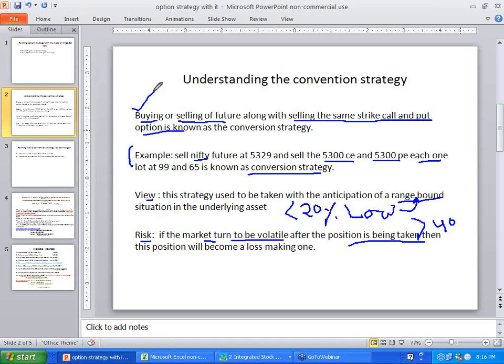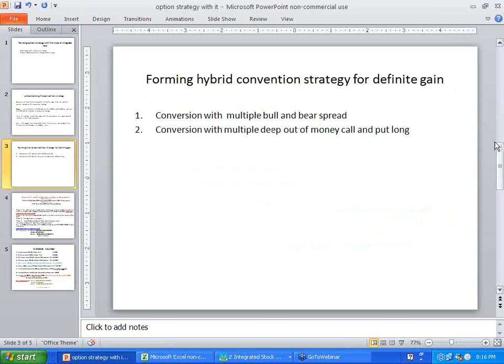That doesn't mean that since this risk is there, we can't make any money. No, not like that. We can make very good money if we convert this strategy to a hybrid strategy, which means we combine some more strategies with this. So how can I make it a hybrid strategy? Conversion with multiple bull and bear spreads we can form.